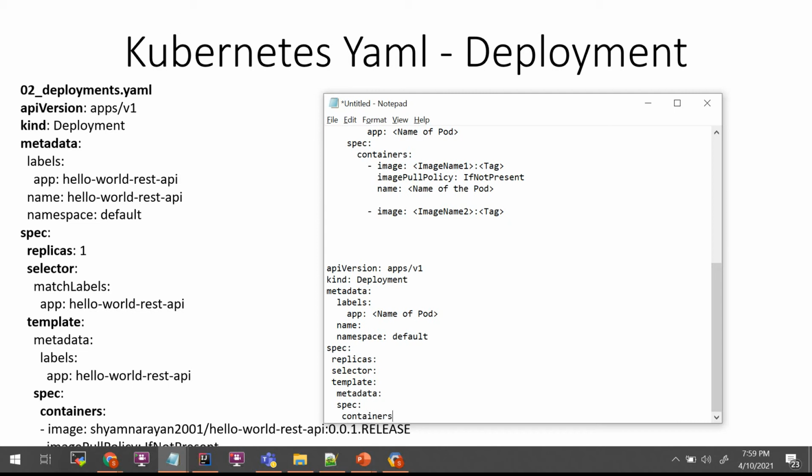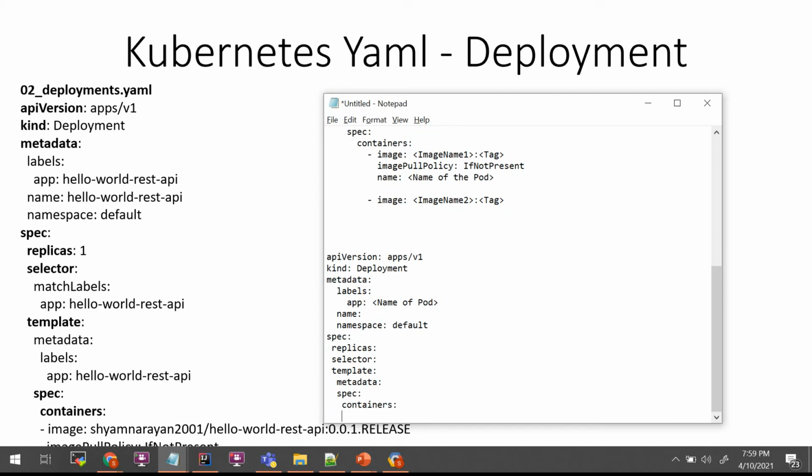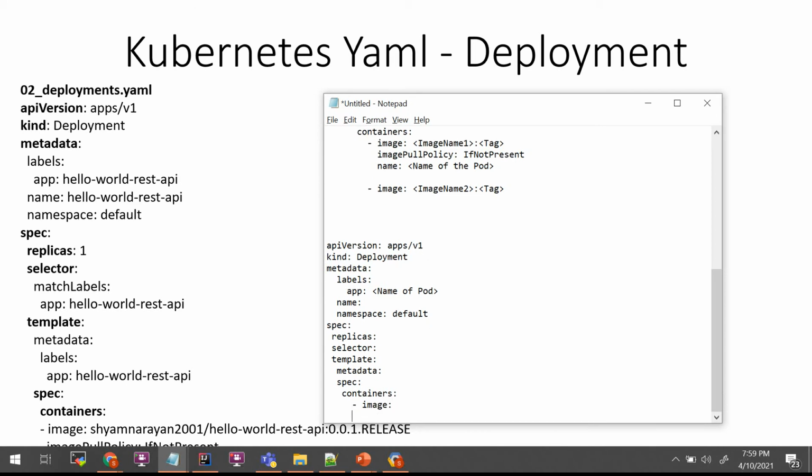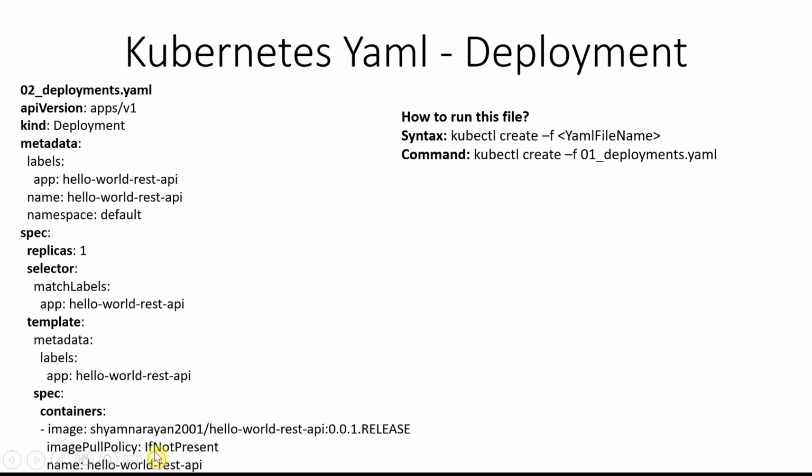So containers can accept more than 1 record, so you have a hyphen and then image, followed by the image pull policy. Even if you don't mention this, it's fine because image pull policy defaults to if not present. But there are other pull policies also. If the image is not available, then whether it should error out or not.